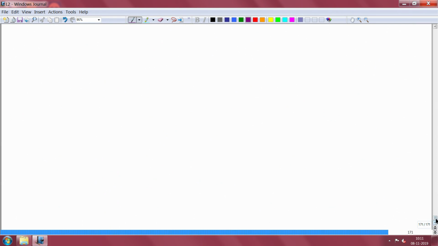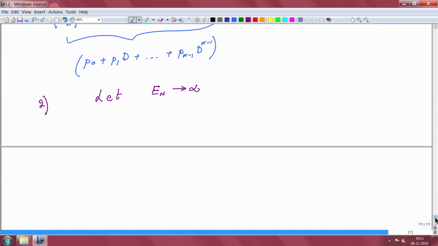So, I will add a new page. Okay. So, then this multiplier basically tends to, because this term becomes negligible.